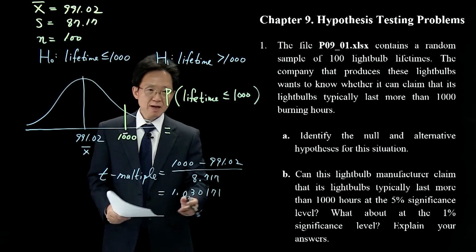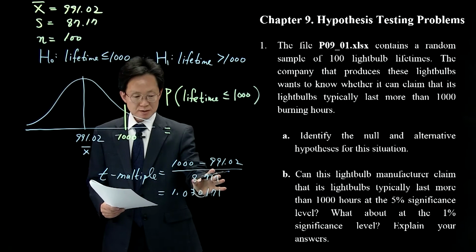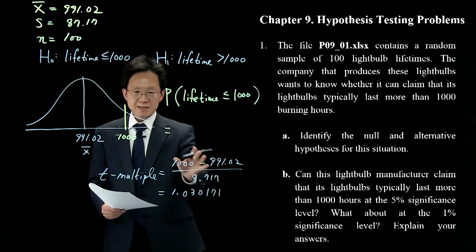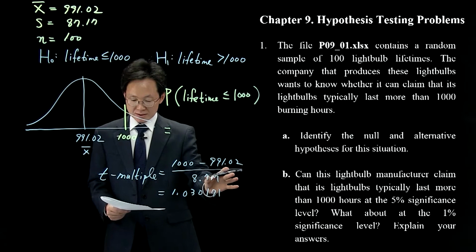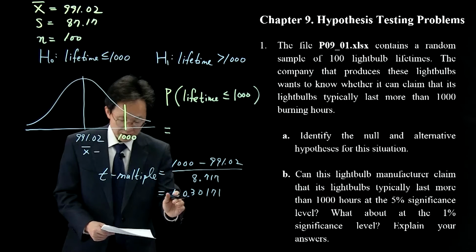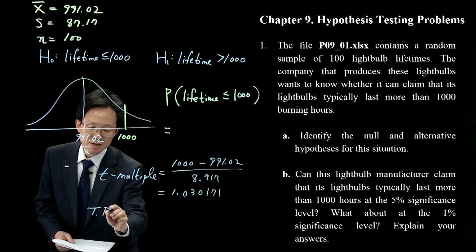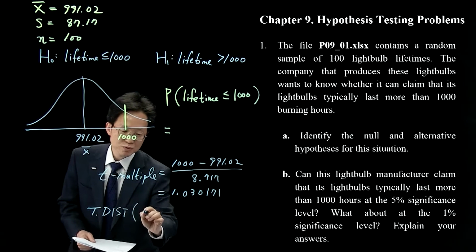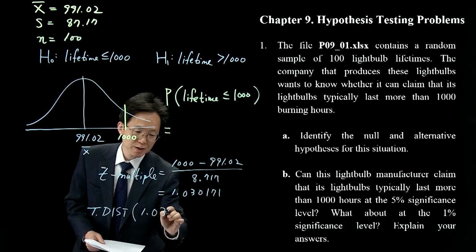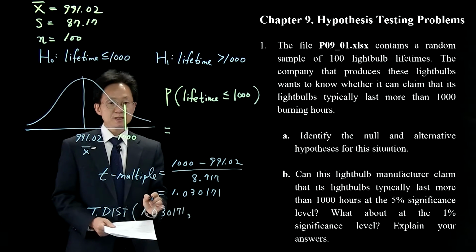Okay, then we can calculate this probability using t-dist, right? In other words, we calculate this with t-dist, and then we use 1.030171. And what is the degree of freedom?